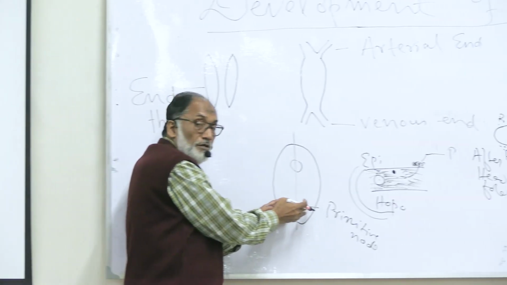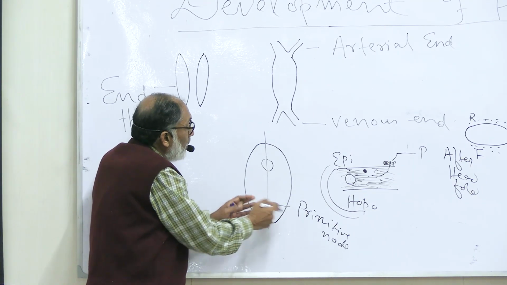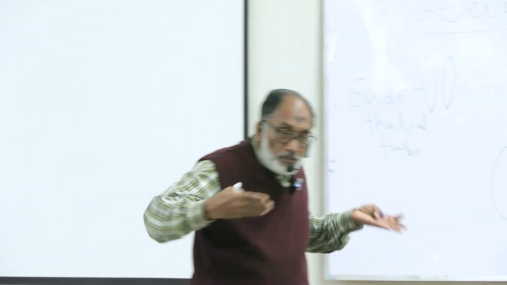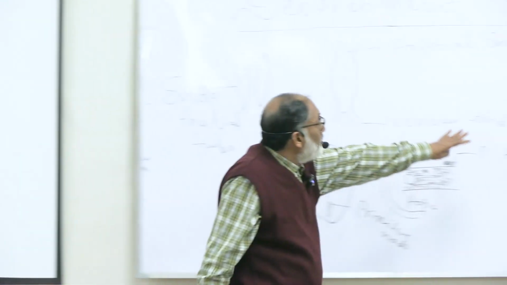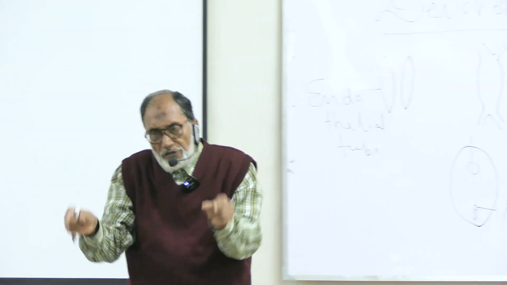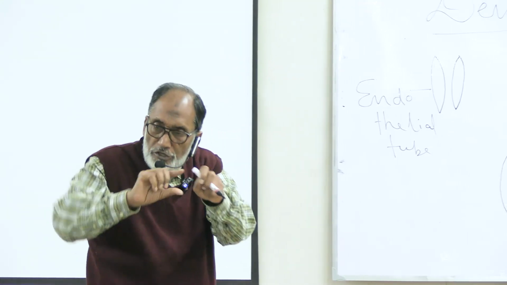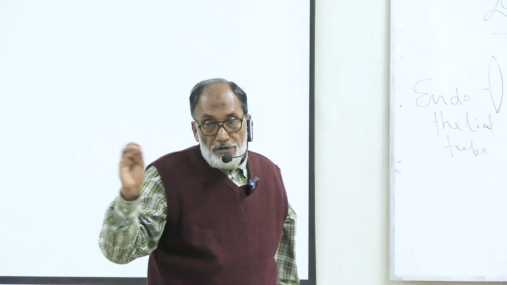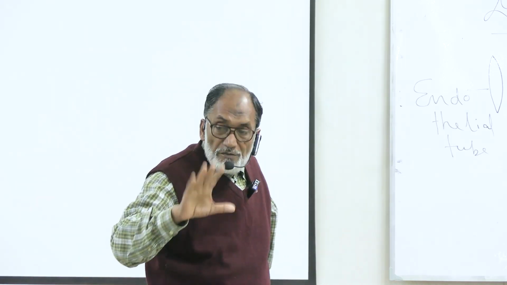Some cells of the epiblast which lie on either side of the primitive streak will migrate and come to the splanchnic mesoderm. There they will form a horseshoe-shaped distribution. From this horseshoe-shaped distribution, that is called the primary heart field area.